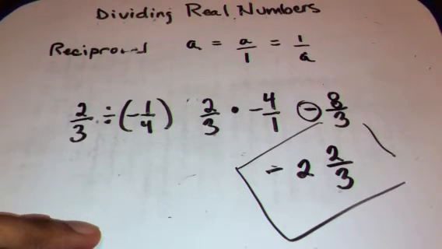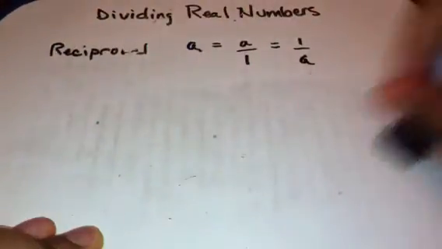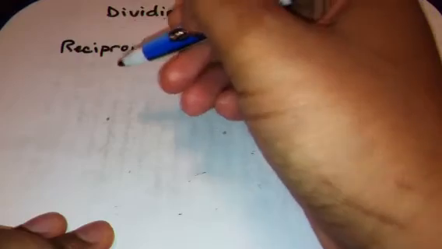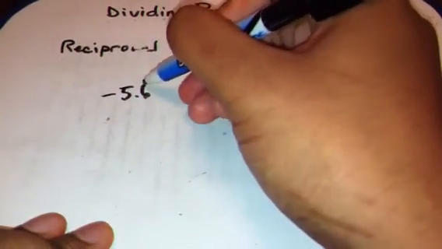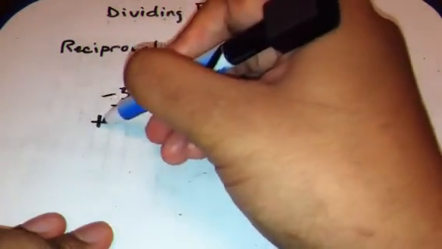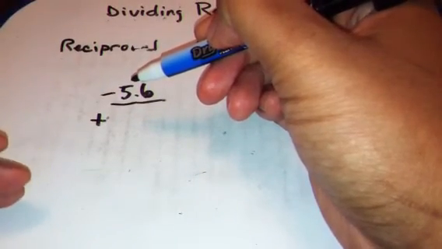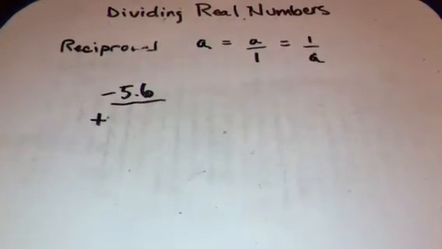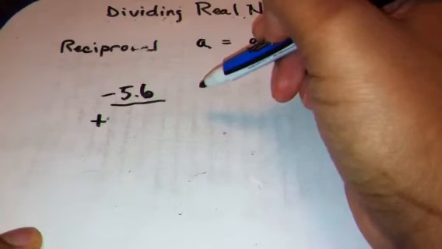Okay, let's do one more like this. Here we have a different sign on the top than what we have on the bottom, because this is not going to be one fraction divided by another.